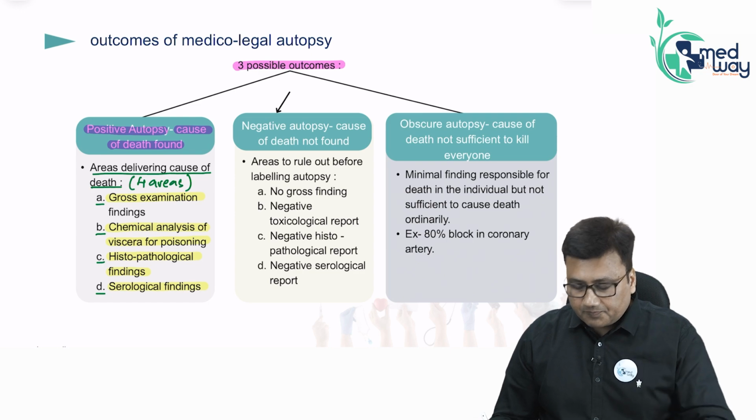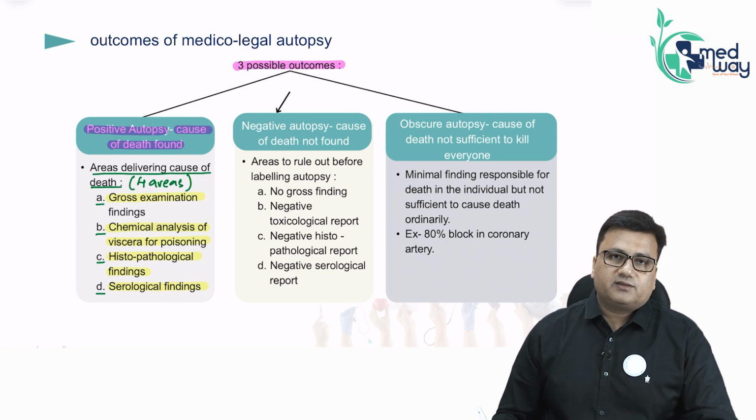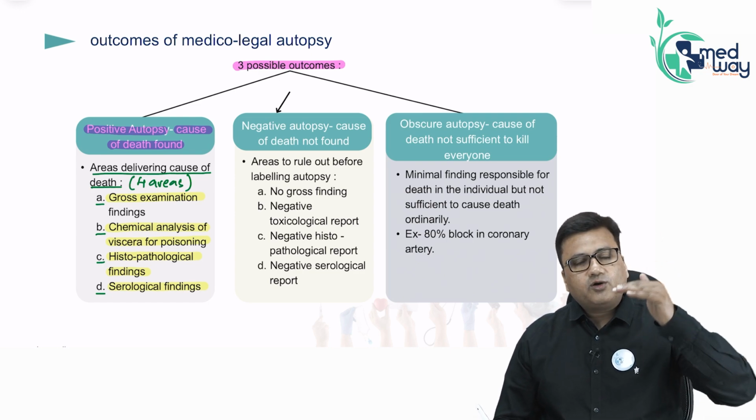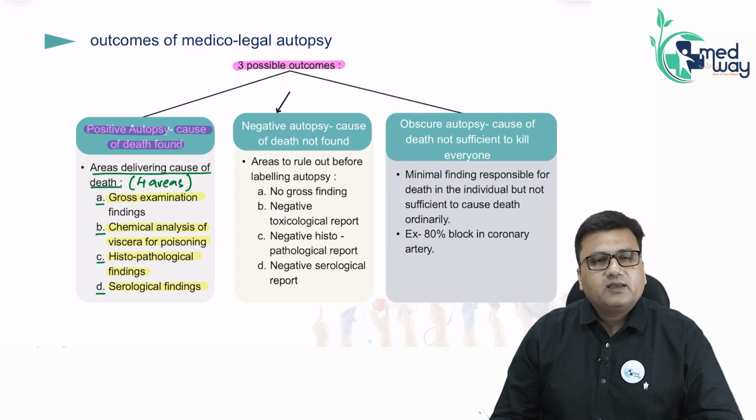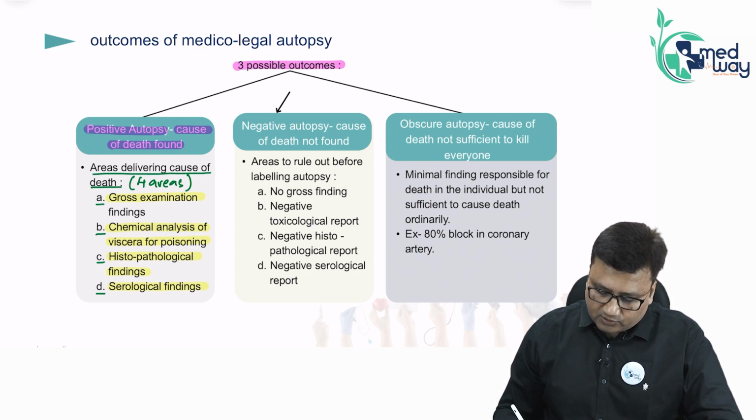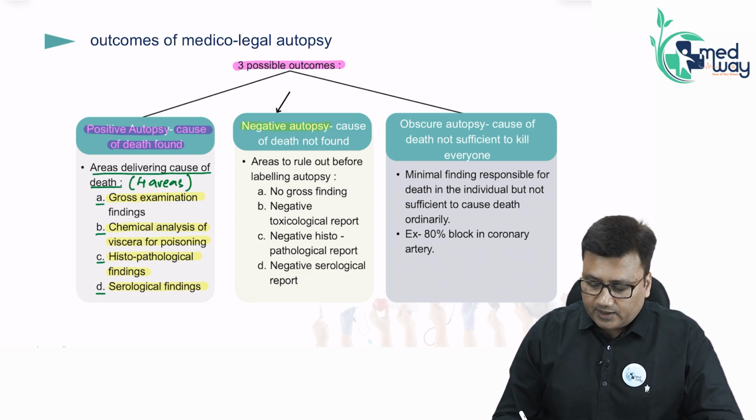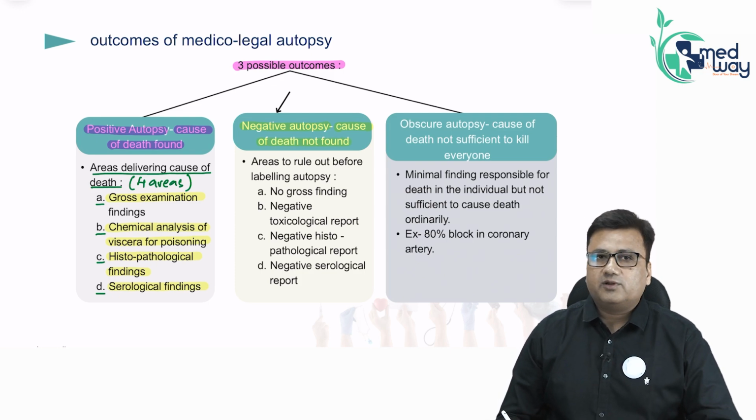Now, what if we do not get cause of death? So, in spite of doing all the 4 processes, if we do not get cause of death, that concept is called as negative autopsy, where cause of death is not found.